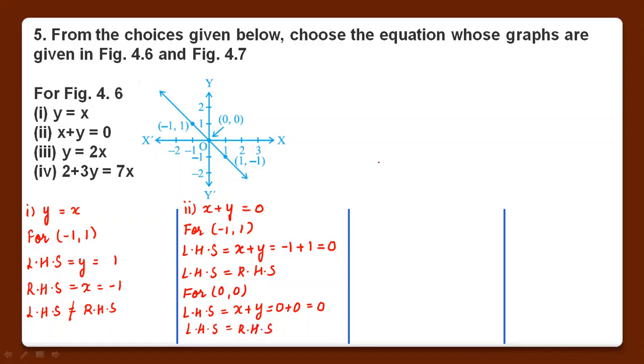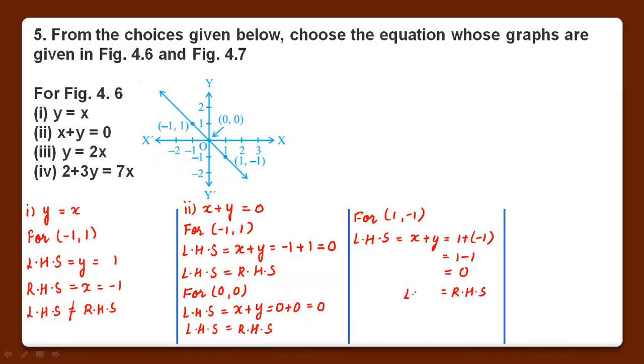Then we'll check for the third point. For 1, -1, LHS equals to x plus y, 1 plus -1, that is 0. This is also equals to RHS.